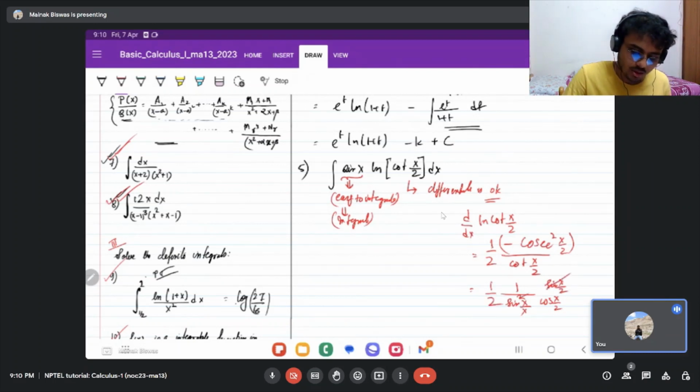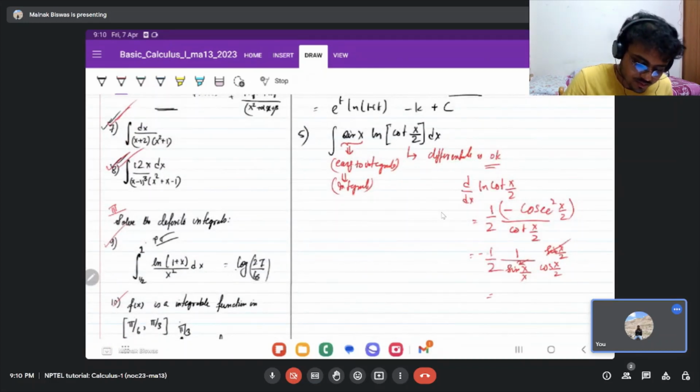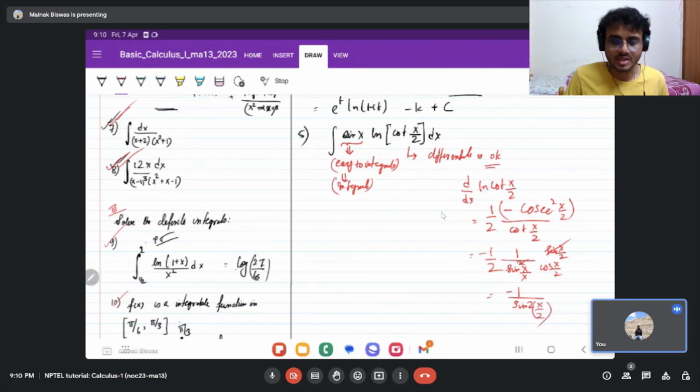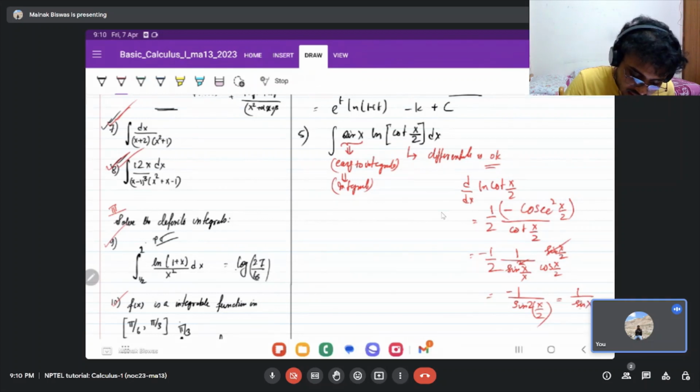So this cancels out and you are left with 1 by sine x by 2 into cos x by 2. As we know, 2 sine x into cos x is sine 2x. So this is negative 1 by sine x.